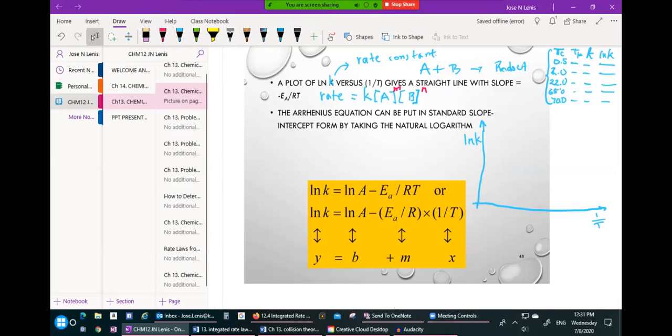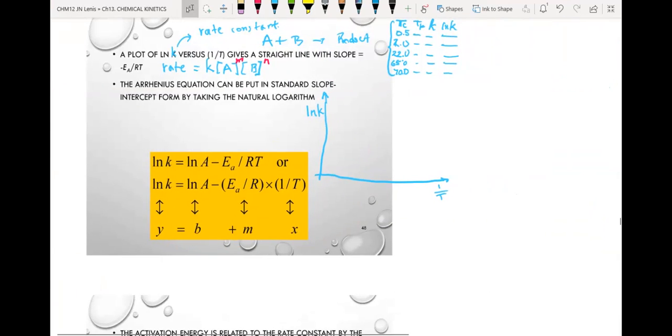And the next, you need to make another column to find 1 over temperature. So you make another column there. You make another column that says 1 over temperature, absolute temperature.